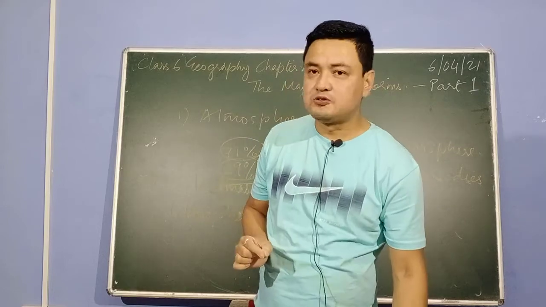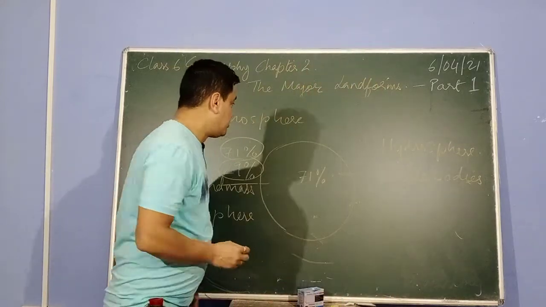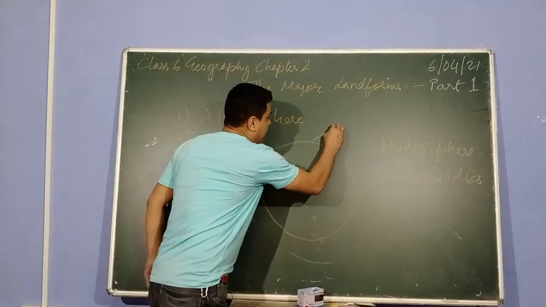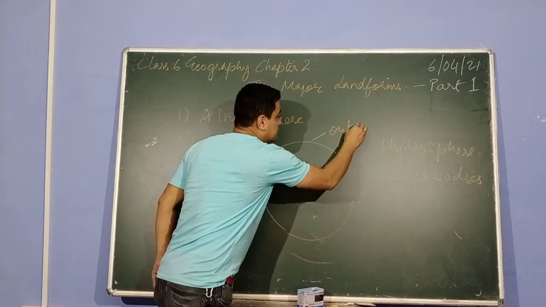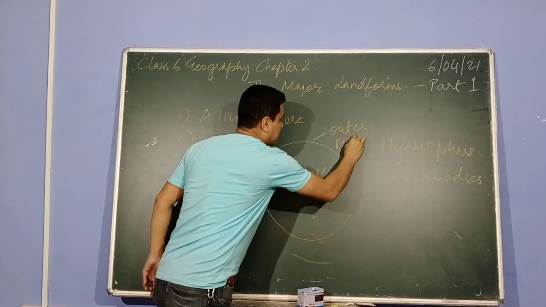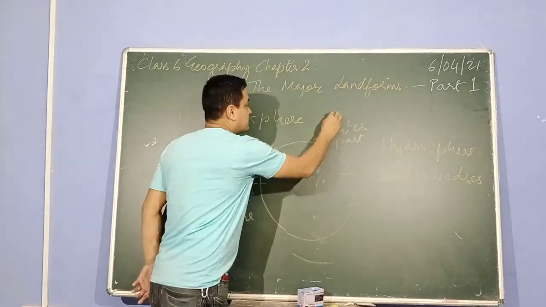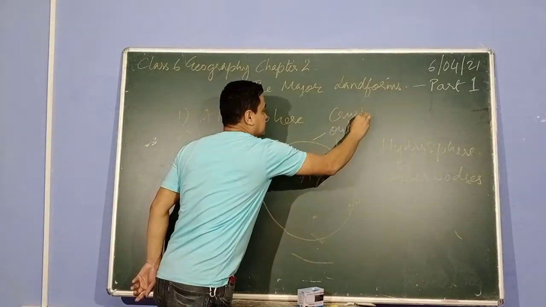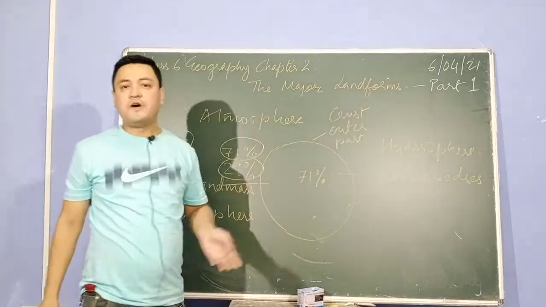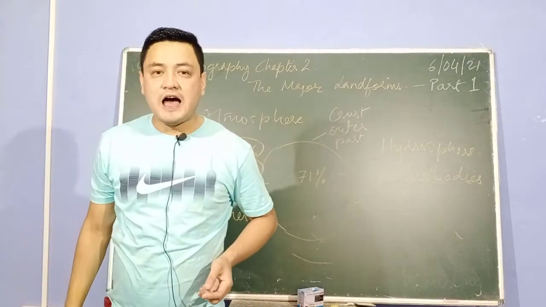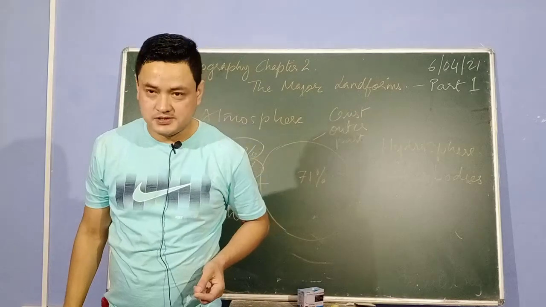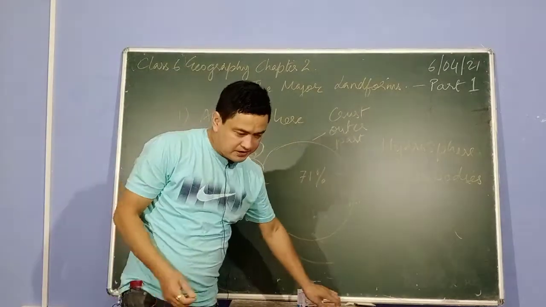Where do you find lithosphere and hydrosphere? You'll find them on the outer part of the earth. The outer part of the earth is called what? It is called crust, C-R-U-S-T, crust. In the crust, what do you find? Hydrosphere and lithosphere. Are you getting my point?